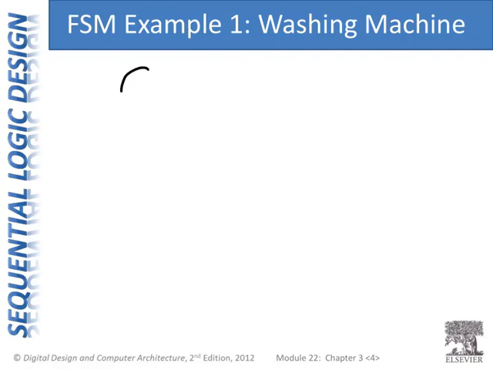We'll start in some reset state, S0. We always have our reset input showing what state we go to upon reset. So in S0, we're waiting for a mode input. Let's say we have 2 modes, just wash and idle.